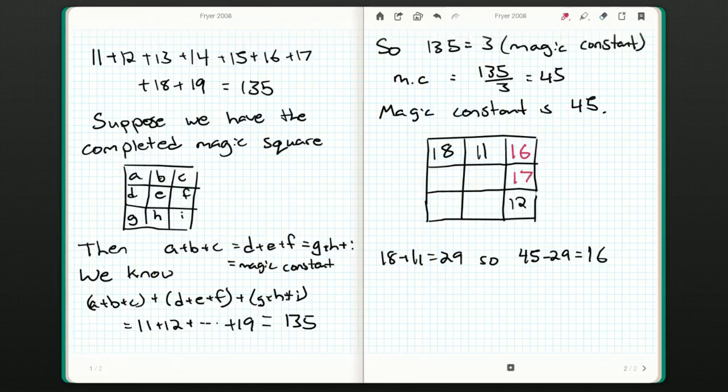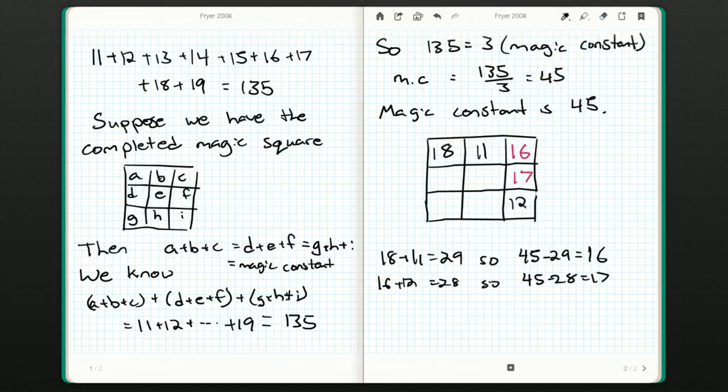This is supposed to be 17. We know the 16 in the top right corner. 16 plus 12 is 28, so in order for this column to have a magic sum, we need 45 minus 28 equals 17. So we put that one in there.